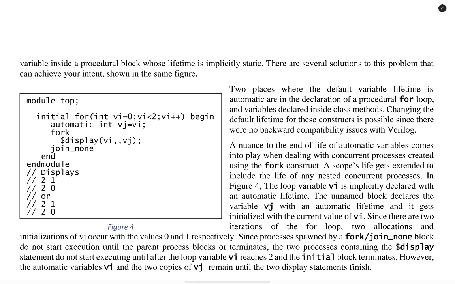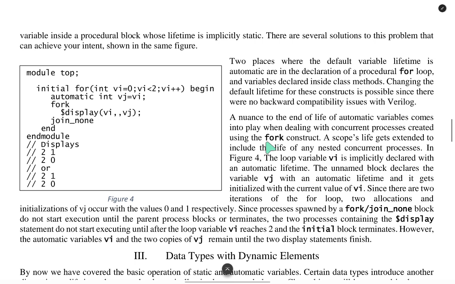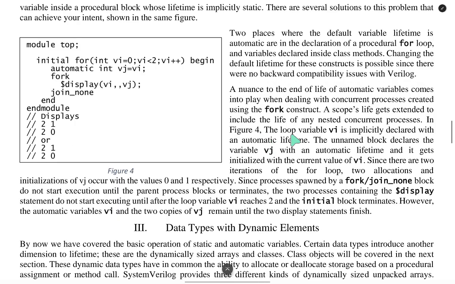A nuance to the end of the life of automatic variables comes into play when dealing with concurrent processes created using the fork construct. A scope's life gets extended to include the life of any nested concurrent process. In figure 4, the loop variable vi is implicitly declared with an automatic lifetime.